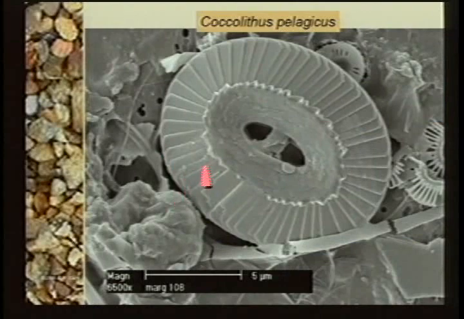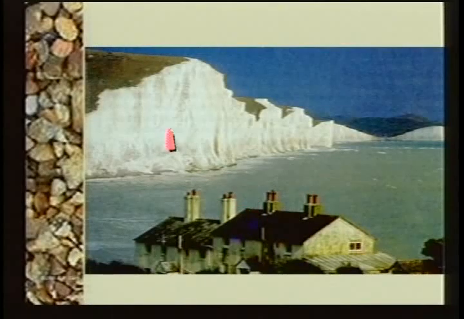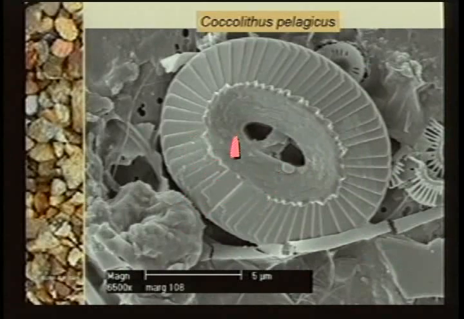This slide shows what the coccoliths look like underneath a microscope. So let's go back to this one. This rock is composed of these microorganisms. So this would be a biochemical sedimentary rock.